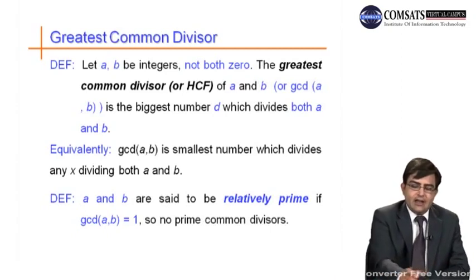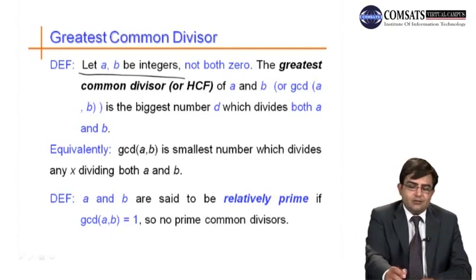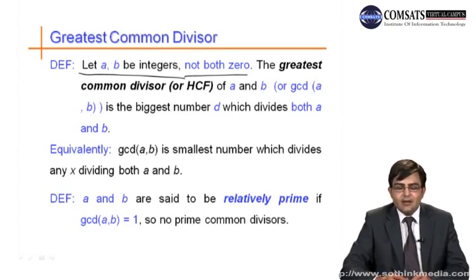So by definition, let a and b be integers, not both 0. This is the necessary condition; if both are 0, there will be a problem. We have to investigate the cases.